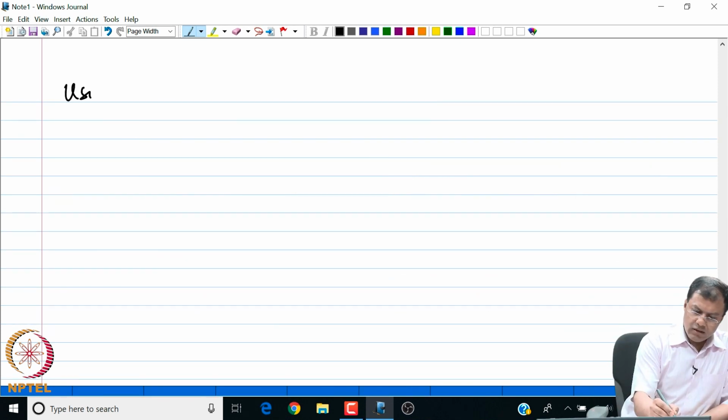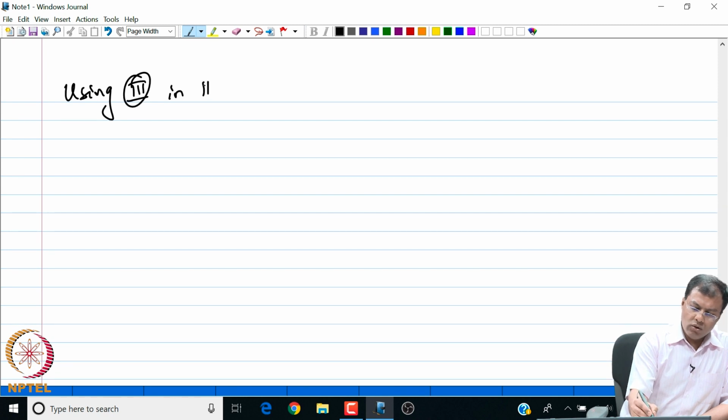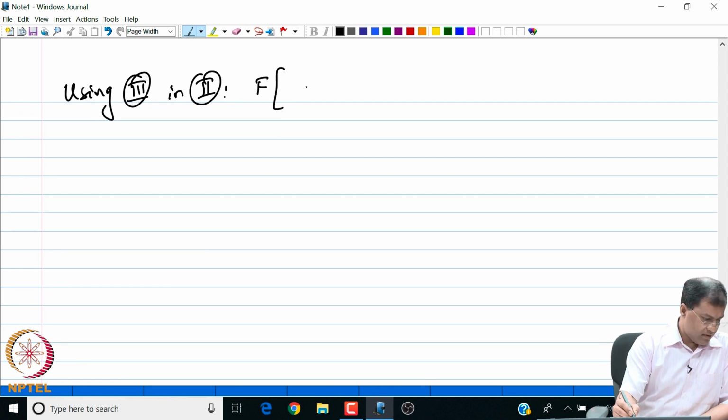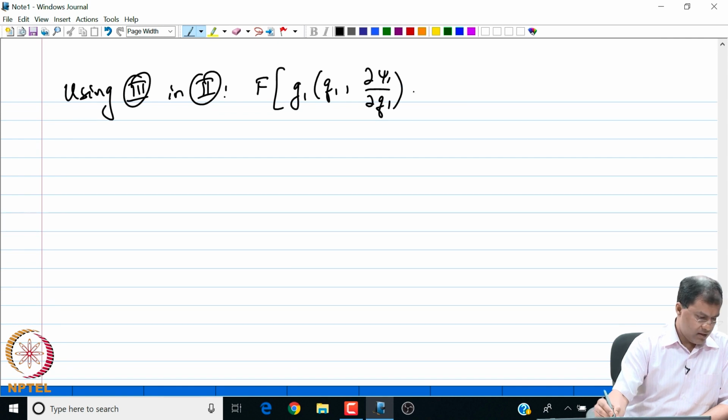So, if I were to use 3 in 2, then some of these derivatives can be simplified, right. Using my expression 3 in 2, I see that h of g1 of q1 comma del psi 1 del q1, comma q2 to qn.